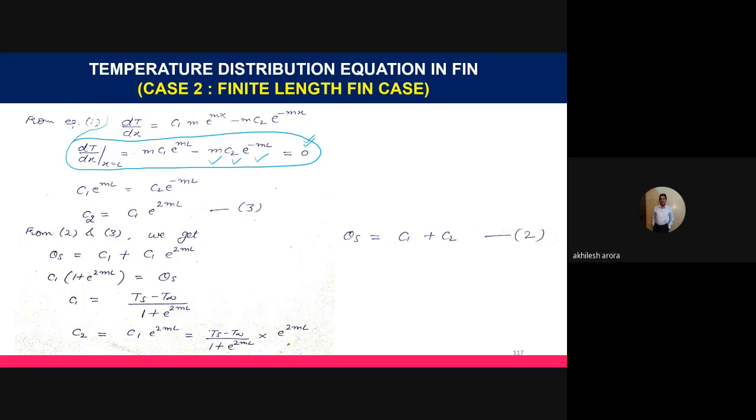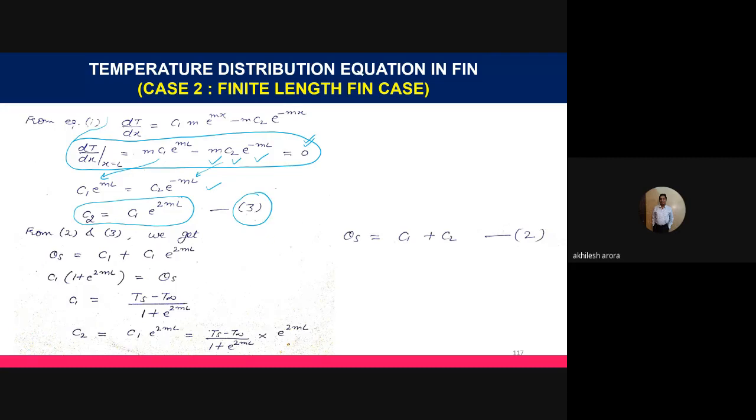And from here we can directly write that c1 e raised to power ml is equal to c2 e raised to power minus ml. And finally I can say that c2 is equal to c1 e raised to power 2ml. So this is the equation.